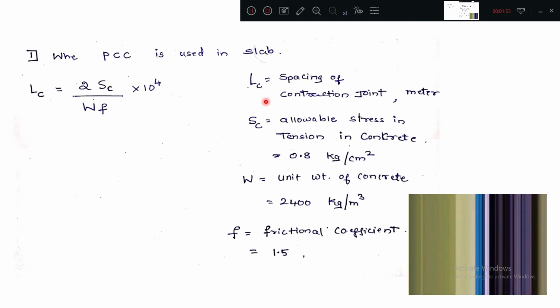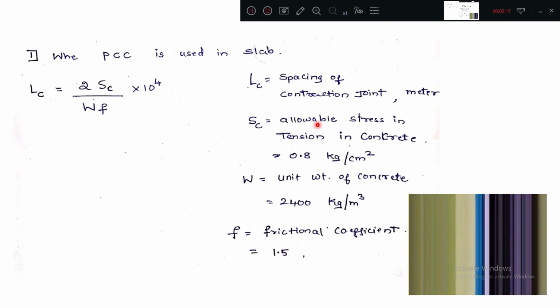Now what are these values? LC is the spacing of contraction joint in meters. SC is the allowable stress in tension in concrete. So this is a concrete property. Whenever PCC is used, the concrete property has to be taken.